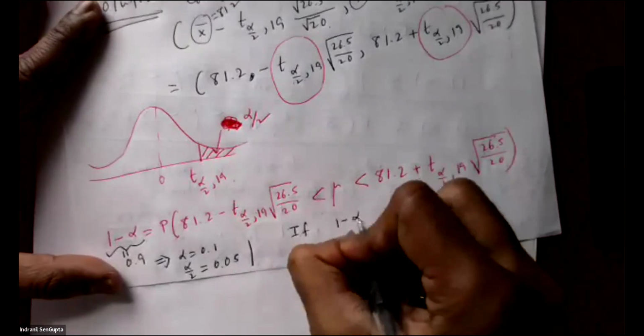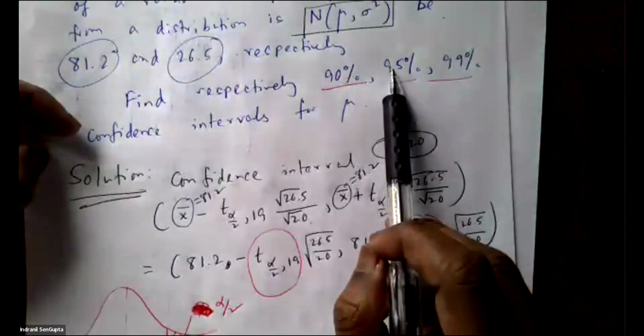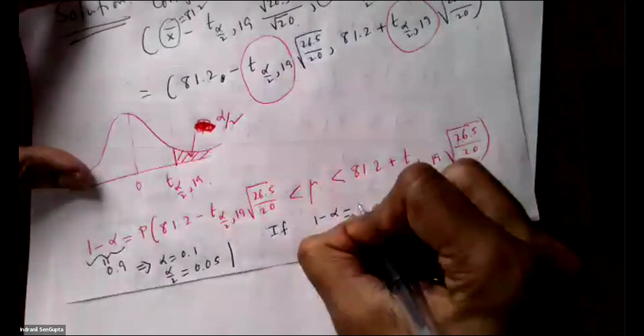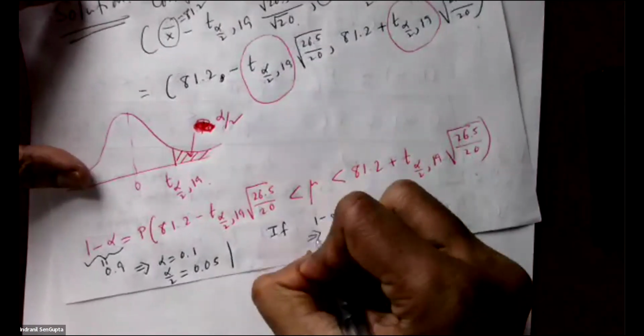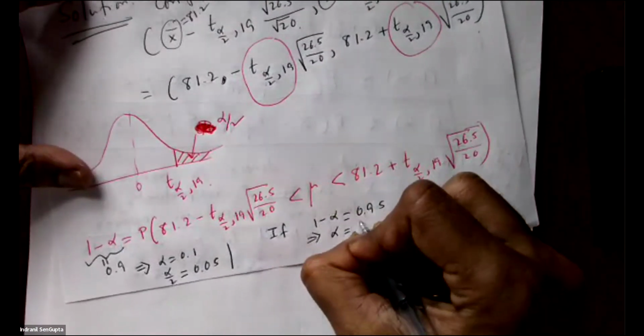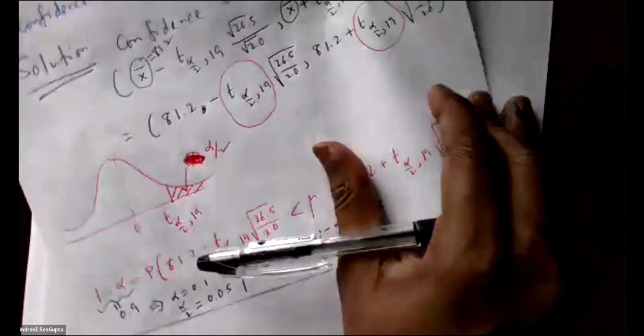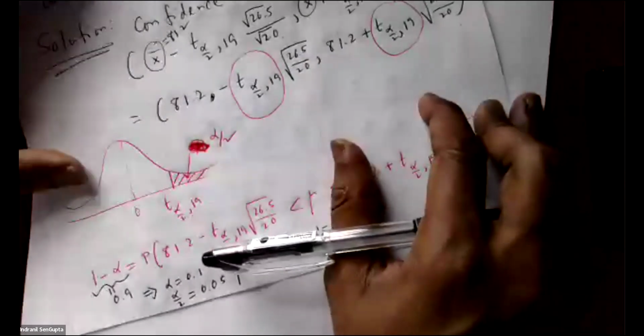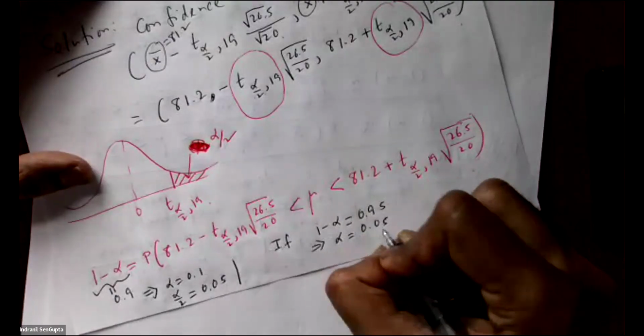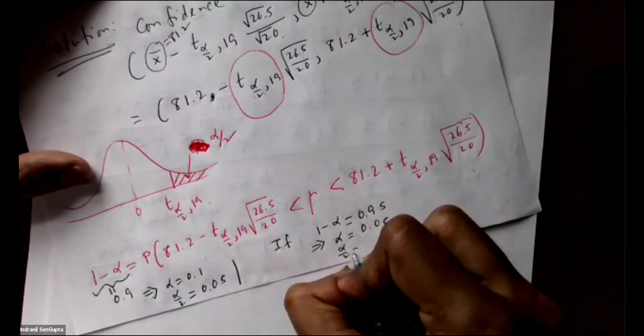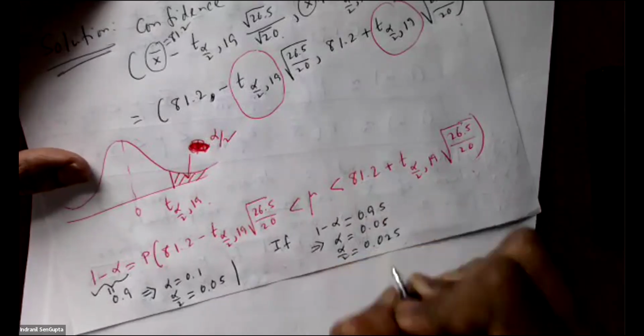If we want 1 minus alpha to be the 95% case, then we want this to be 0.95. So my alpha would be 0.05. And that means alpha over 2 is 0.025.